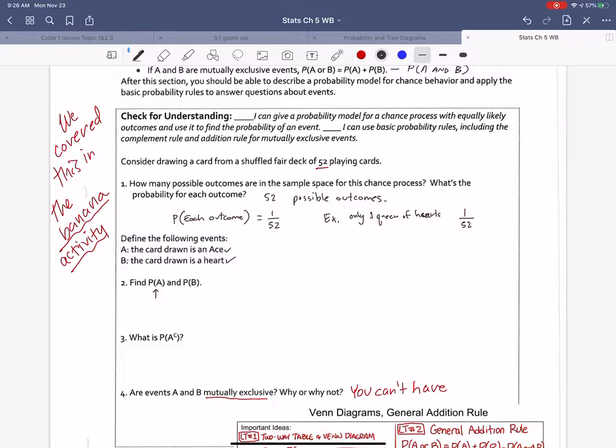So when I find the probability of A, I have to know some background information. I have to know that the card drawn is an ace.